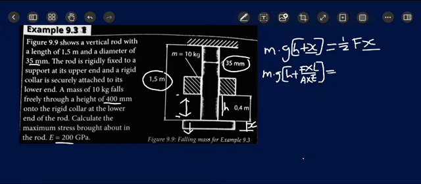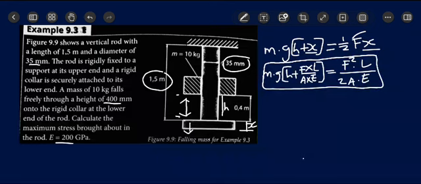This must be equal to F squared multiplied by length over 2 multiplied by area and Young's modulus E. So the recommended formula, the fastest one, is this one.